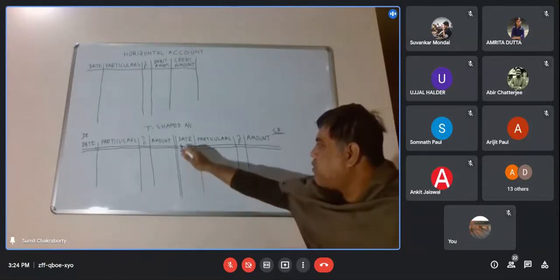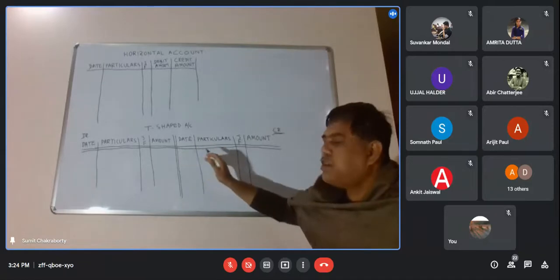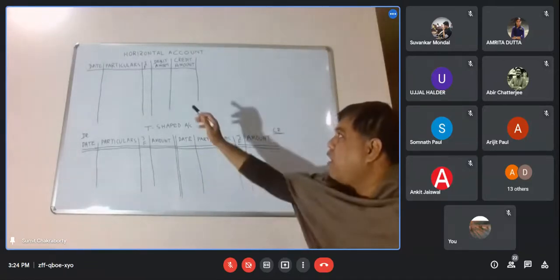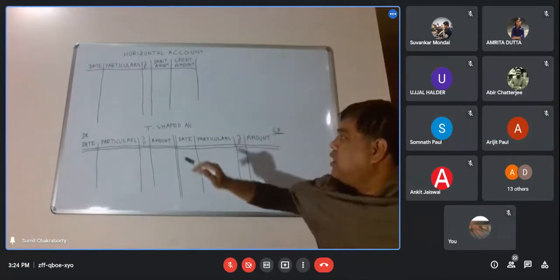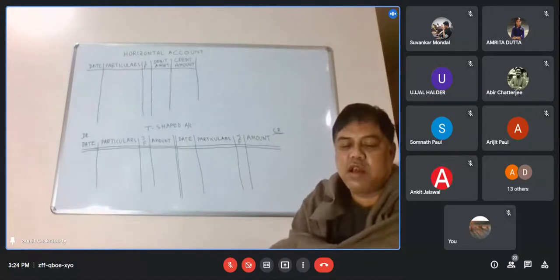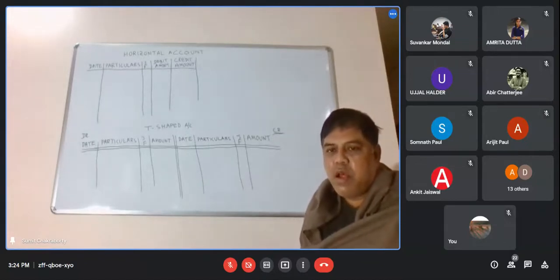And this double line, vertical double line, looks like a T shape. That is why we call it the T shaped account. And that is the horizontal account. Now, why do we use the T shaped account and why do we use the horizontal account? It doesn't matter nowadays, with the advent of computers.